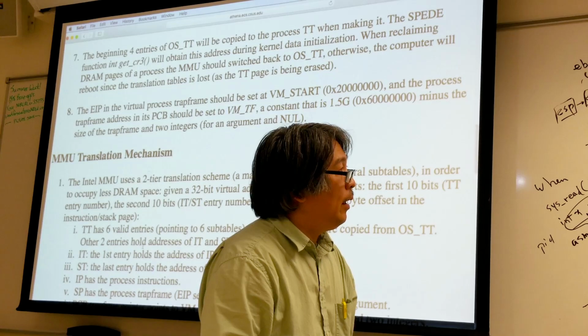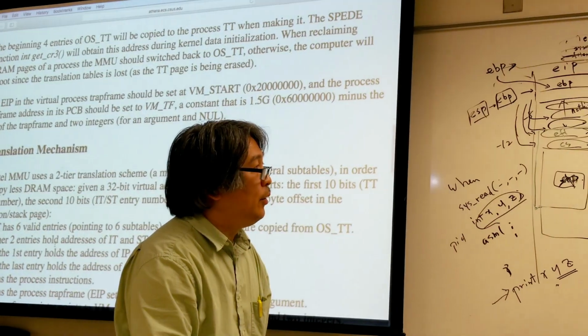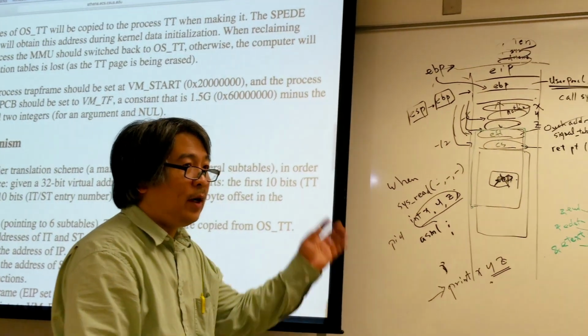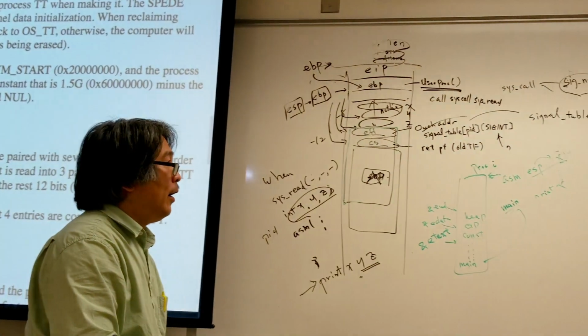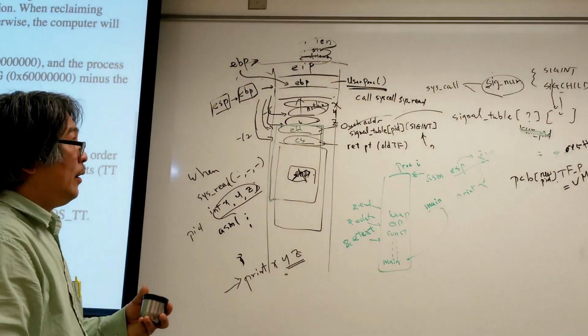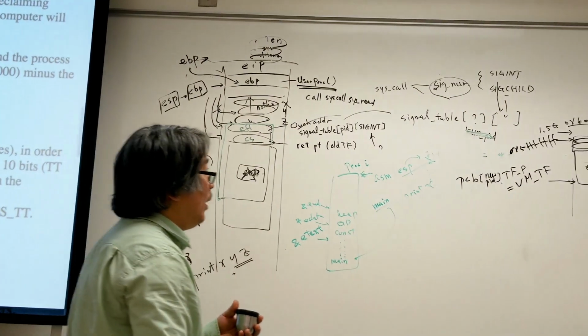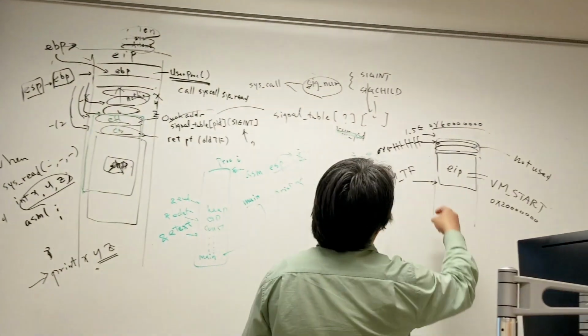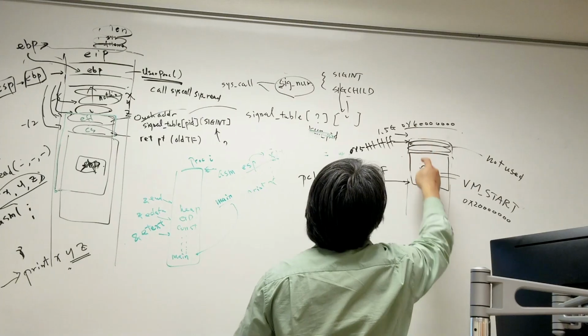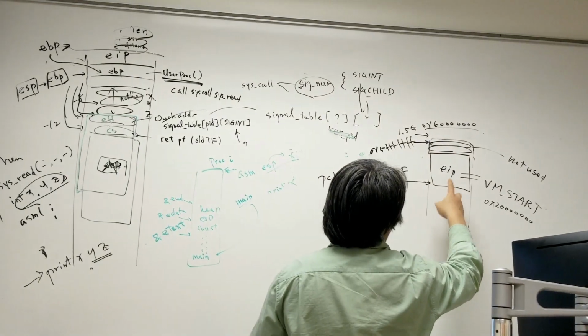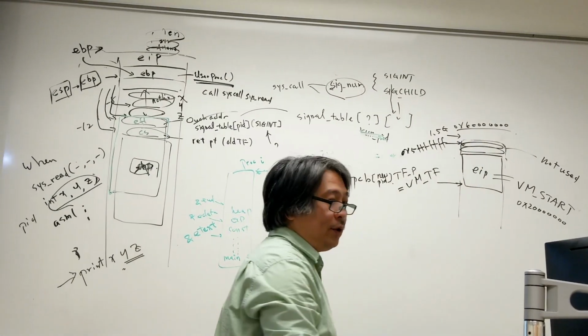Our VM end needs +1, minus the trap frame type. So that's the same thing as saying 2 gigabytes minus. Yeah, it's the same thing. It's a constant. 1.5 gig, it is the same because 1.5 gig minus the size of trap frame minus the 2 integers.